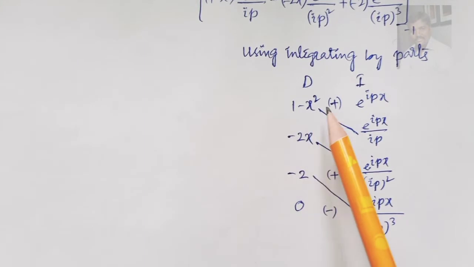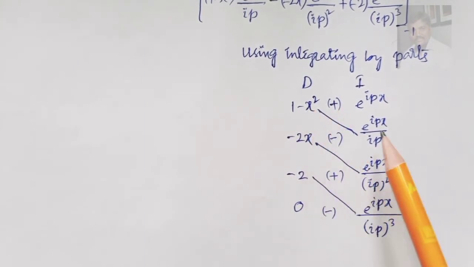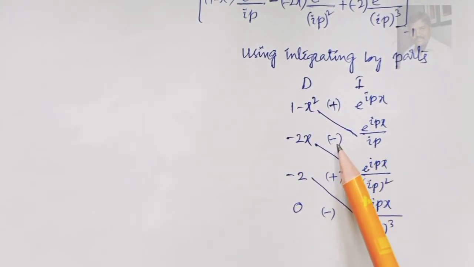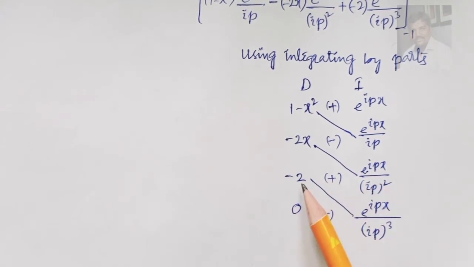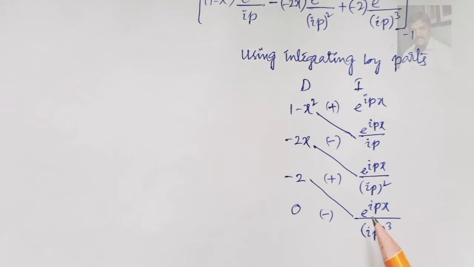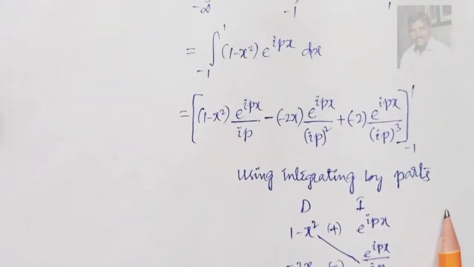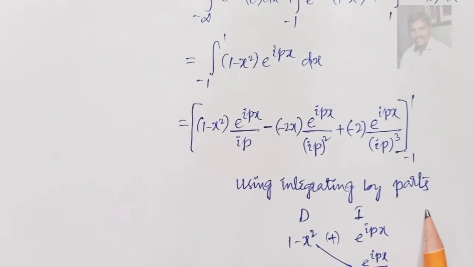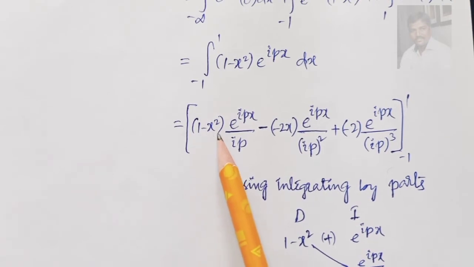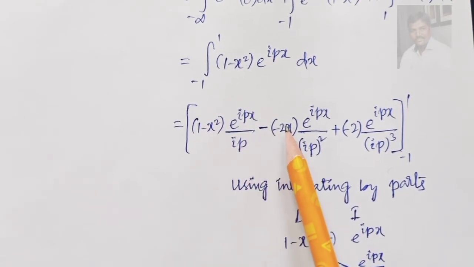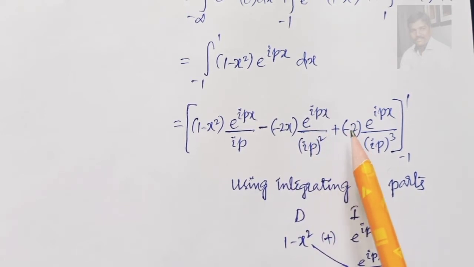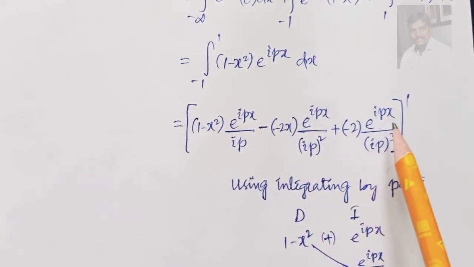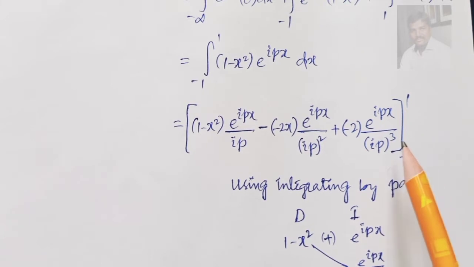First we place 1 minus x square into this, minus 2x into this, plus minus 2 into this one. That is what I have written here: 1 minus x square into e power ipx by ip, minus 2x into e power ipx by ip whole square, plus minus 2 into e power ipx by ip whole cube.